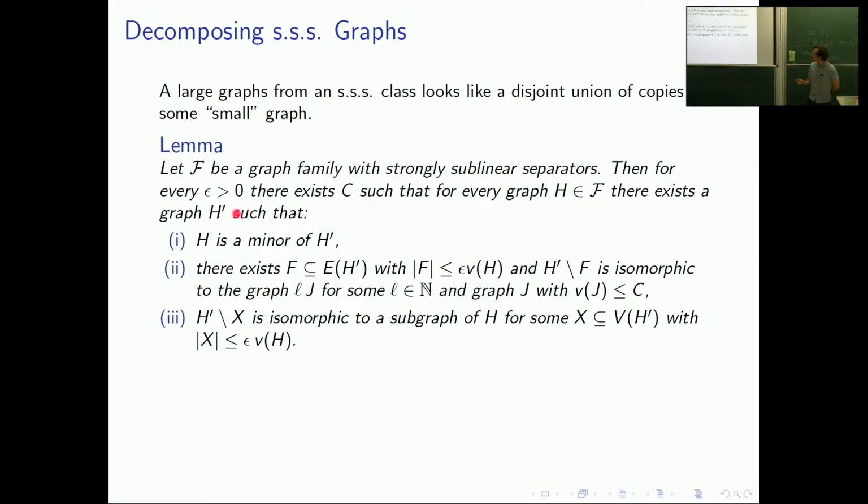And there's some small set of edges, so here small means less than epsilon times the number of vertices of H. If you delete these edges, then what's left is just the graph L times J for some graph J which is small, so bounded by this constant C. And finally, there's some small set of vertices, so that if you delete these vertices, then you're left with a subgraph of H. So H is quite close to this graph here, if we are allowed to ignore some small set of edges and some small set of vertices.